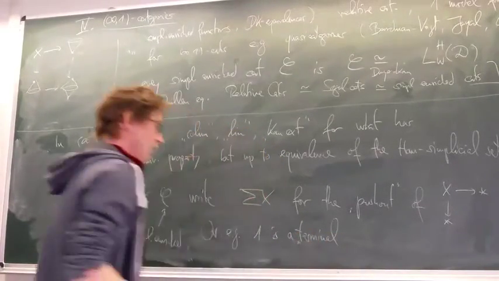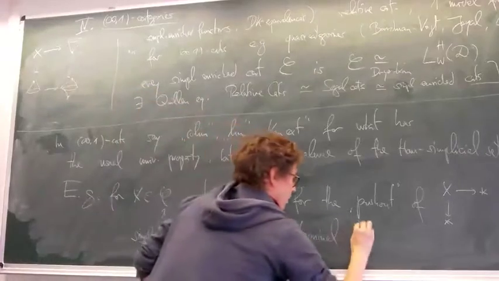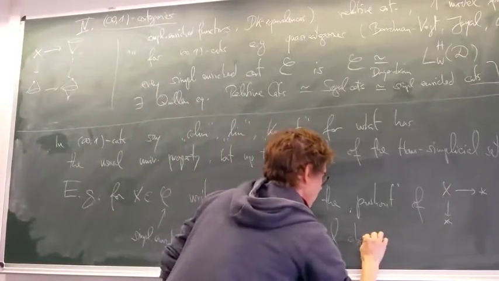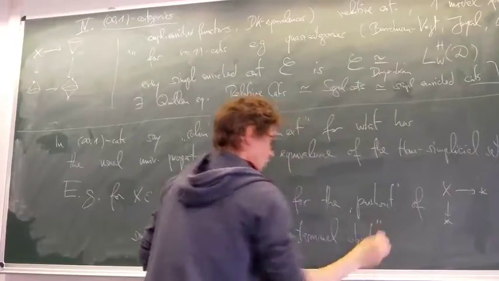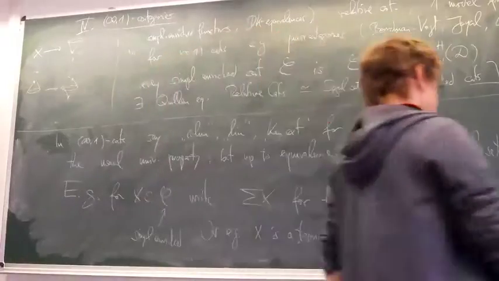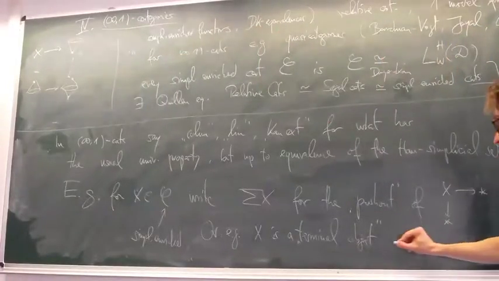So maybe an easier instance, let's call it X rather. X is a terminal object. Not if it's really terminal in my simplicially enriched category, but it's terminal up to equivalence.